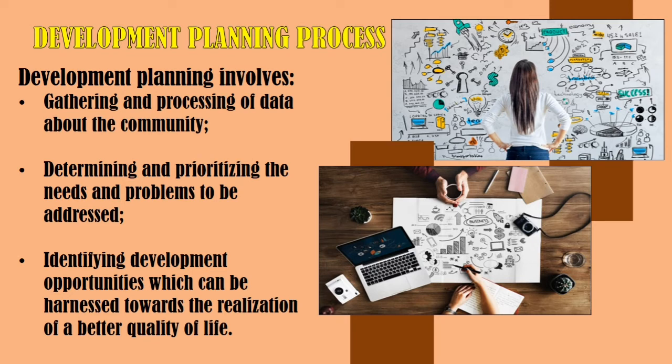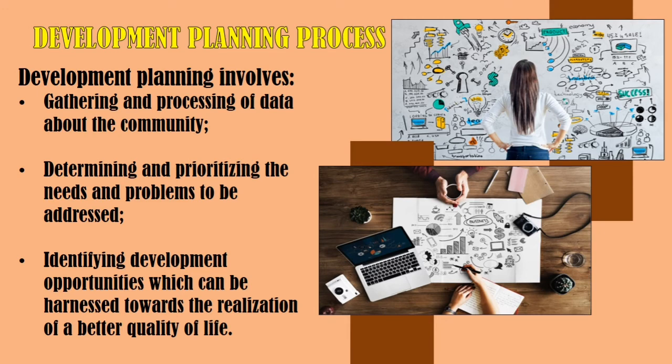Second is determining and prioritizing the needs and problems to be addressed or ensuring the felt need of that particular community. And third is identifying development opportunities which can be harnessed towards the realization of a better quality of life. Those are the three general development planning steps.